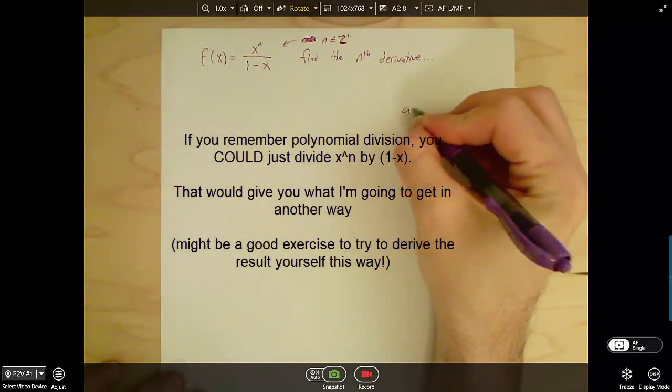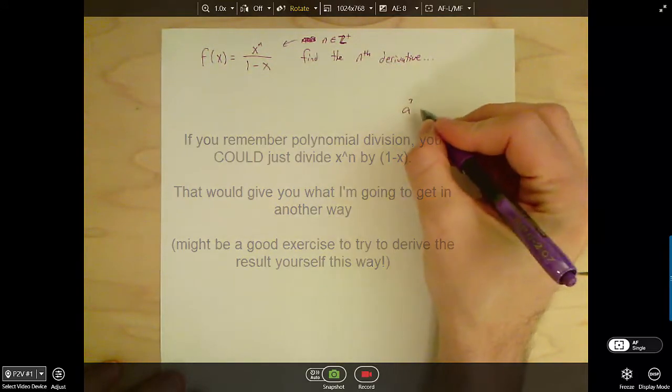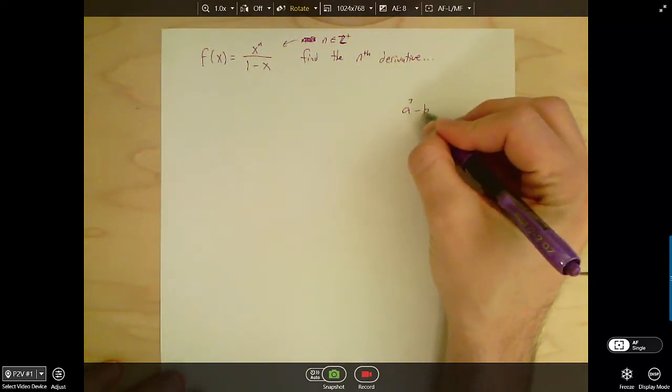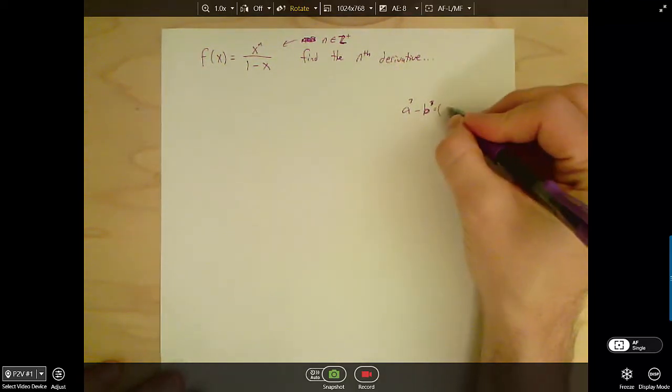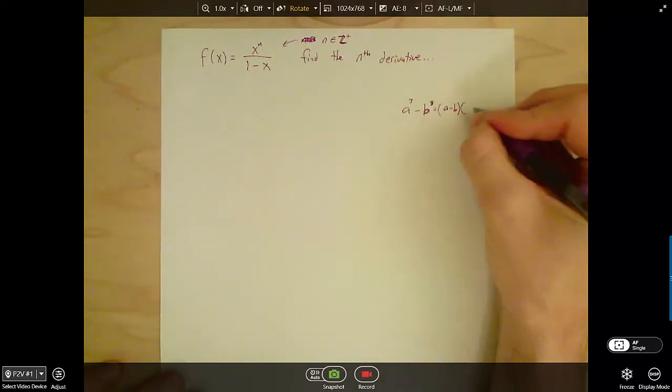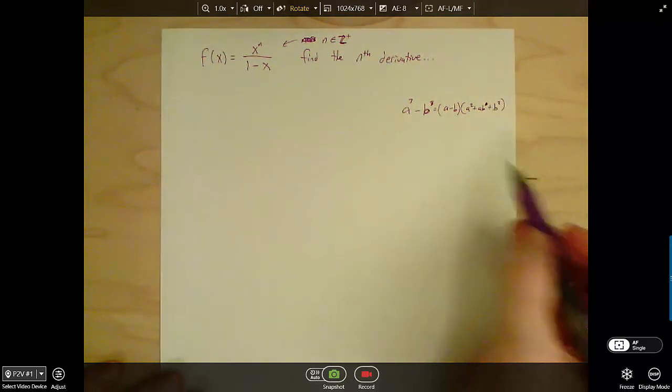Let's do it with a specific example first and then we'll generalize. If you have a cubed minus b cubed, for example, we decided you could rewrite that as a minus b times a squared plus ab plus b squared.